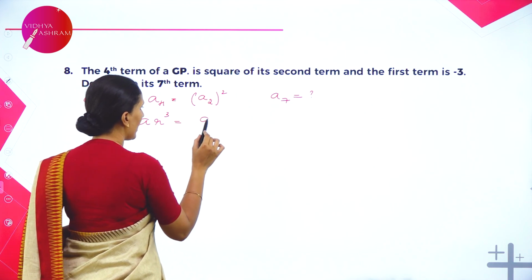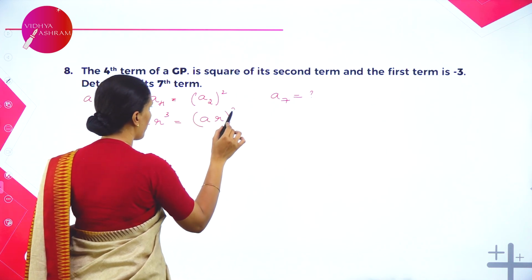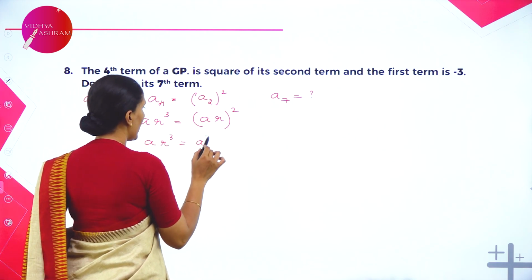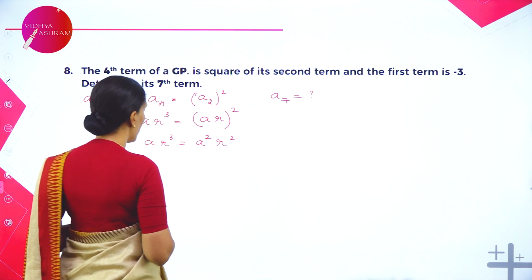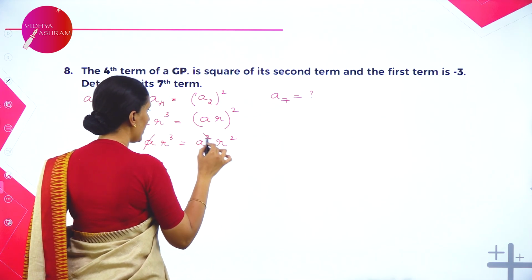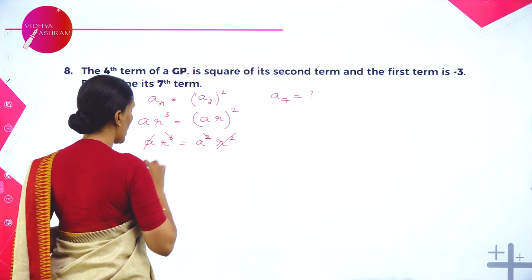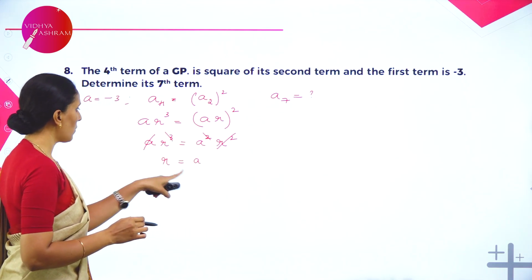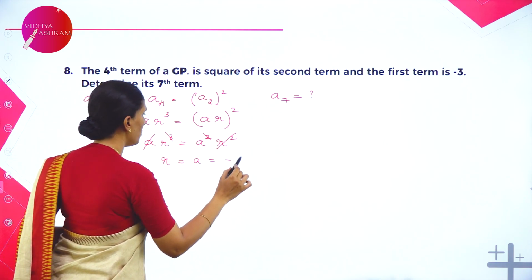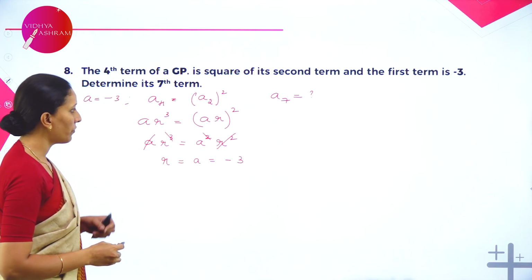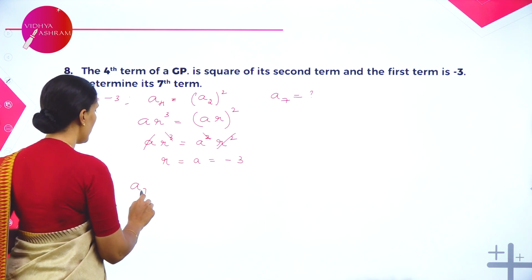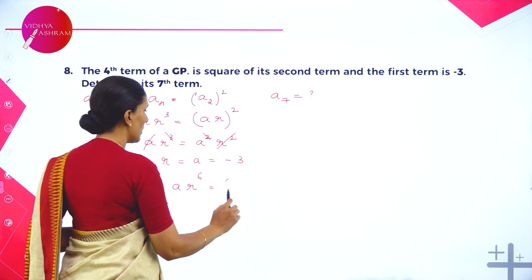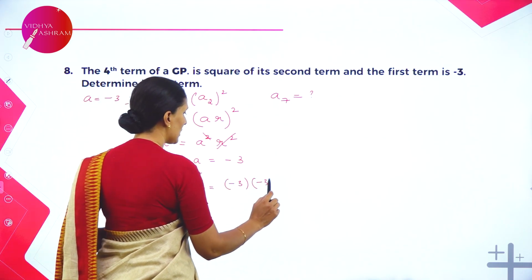A2 is nothing but A R. So now here A R cube is equal to A square R square. Now here A cancels, R square, one R gets cancelled. We'll get R is equal to A. Now since R is equal to A, R is also equal to minus 3. So now we need to find out A7. A7 is equal to A R to the power 6, which is minus 3 to the power 6.